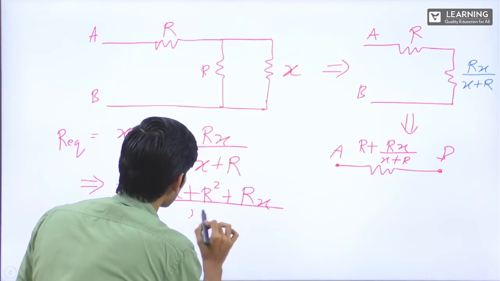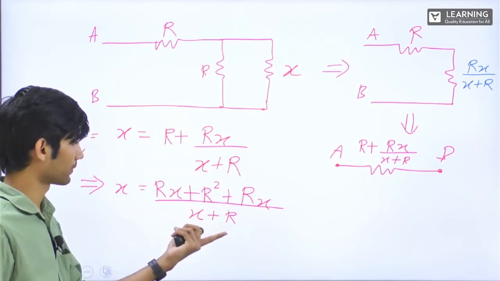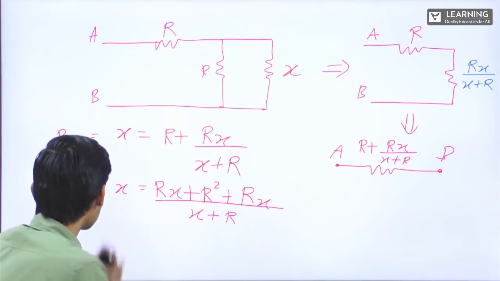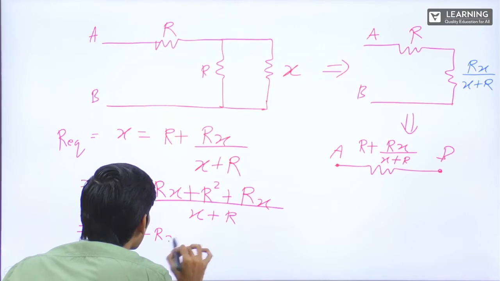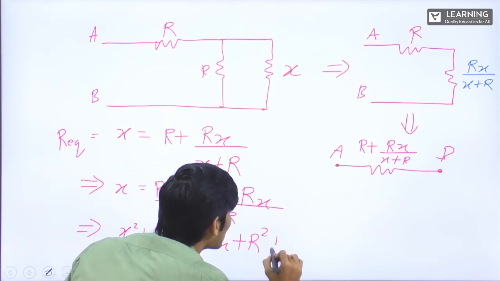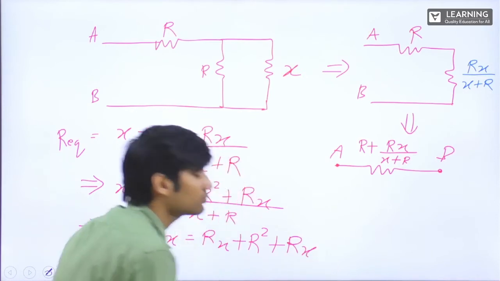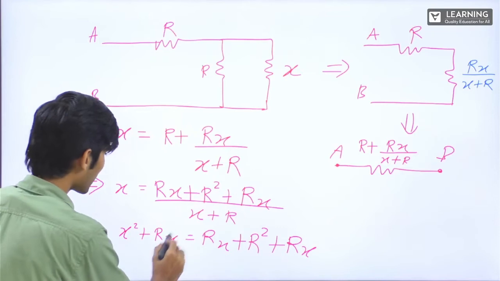Divide by x plus R. See, have I done correct? Now, this x plus R will go here and multiply. This will become x square plus Rx is equal to Rx plus R square plus Rx. Now see, Rx cancelled.